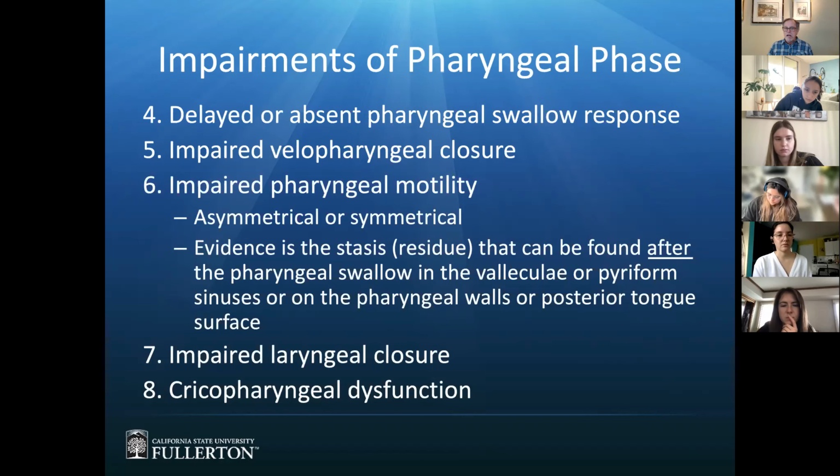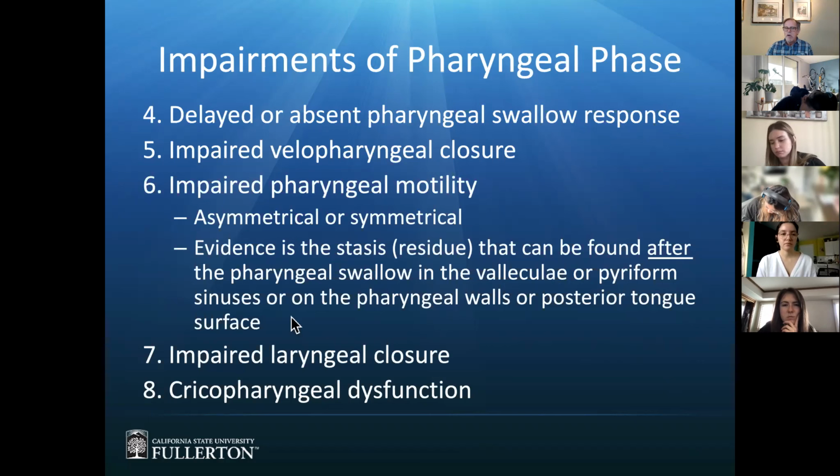So the evidence is the stasis. There's the word. I forgot I had it there. And it can be found after the pharyngeal swallow in the valleculae, epiglottic valleculae, or in the piriform sinuses, or it could just be coating the pharyngeal walls and the posterior third of the tongue, which are all part of the pharynx.